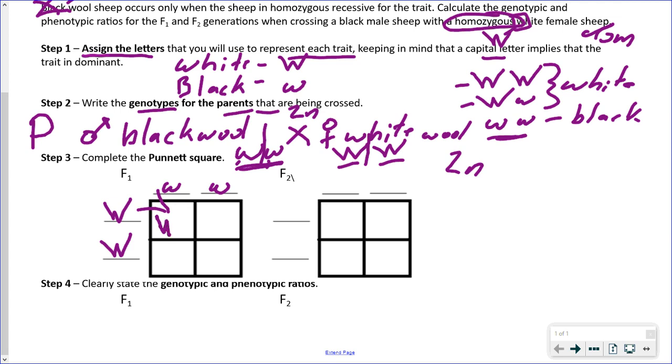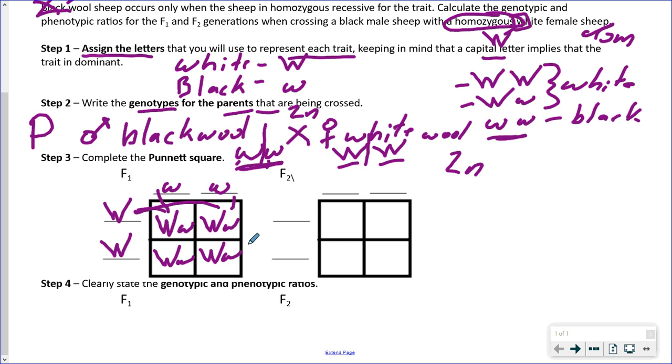So we would have capital W and a lowercase w. What about the next square? Well, lowercase w comes down, capital W goes over, and again, this one is also going to be heterozygous. And in fact, all of them in this first Punnett square that I'm drawing here are going to be heterozygous.